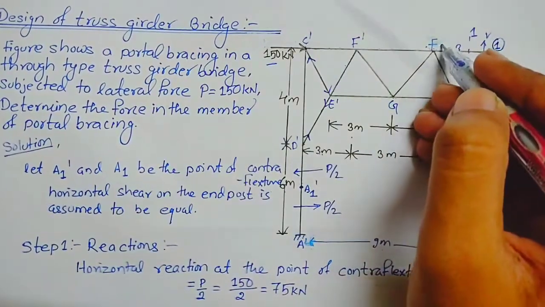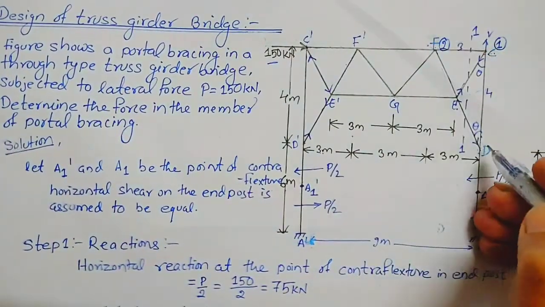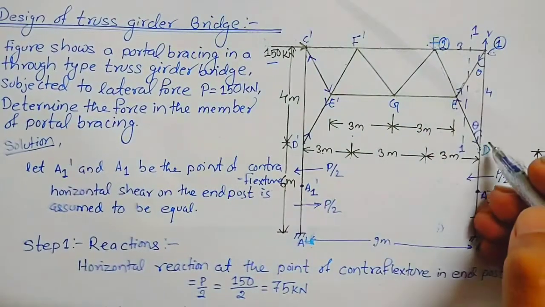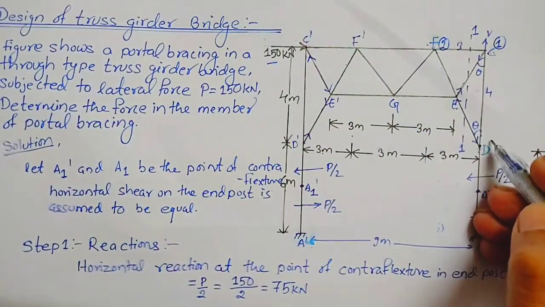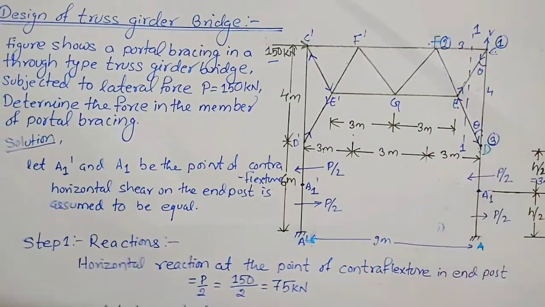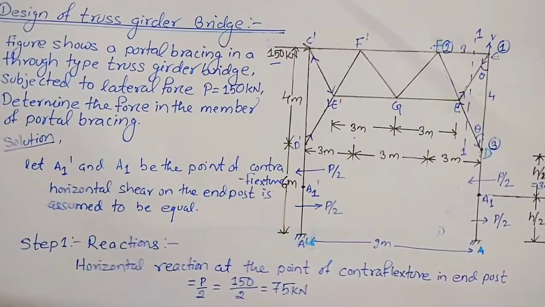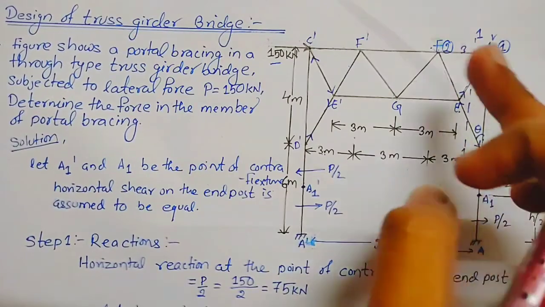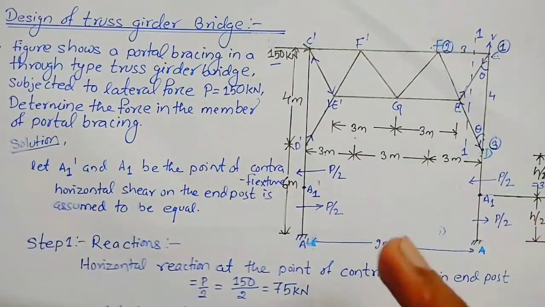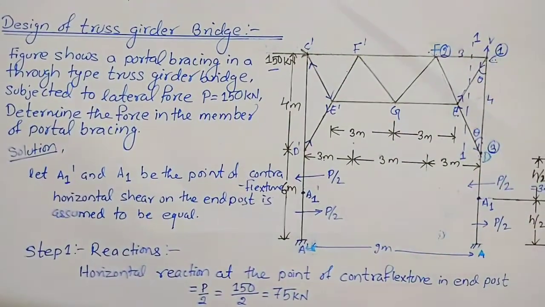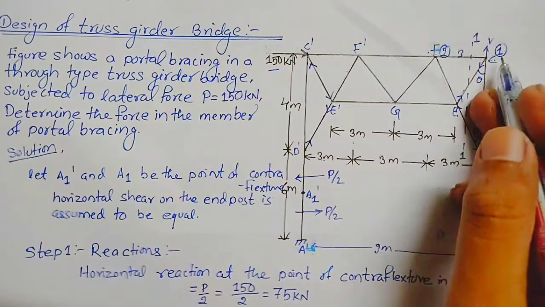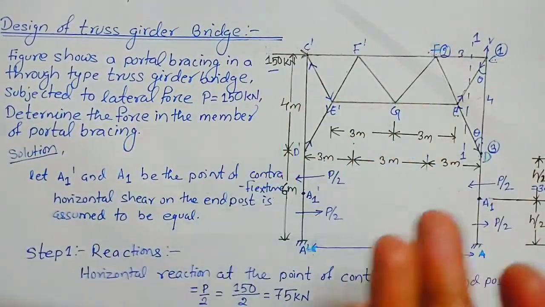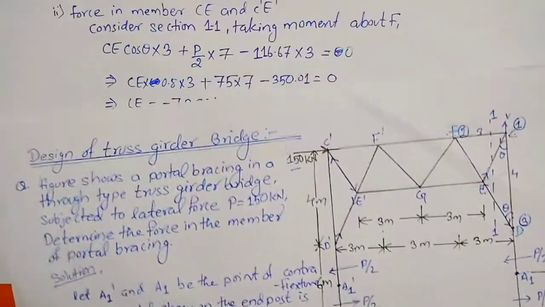Then we took moment about F, and now for finding the force in CF we will take moment about point D. This is our third point of taking the moment. Remember this, whenever we are asked to find the force in the members of the portal bracing, always use this pattern of finding the forces in the members so that you will never get confused. 1, 2, 3, and further I will be mentioning some extra points also.